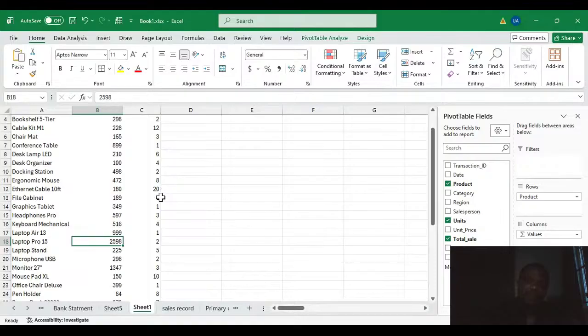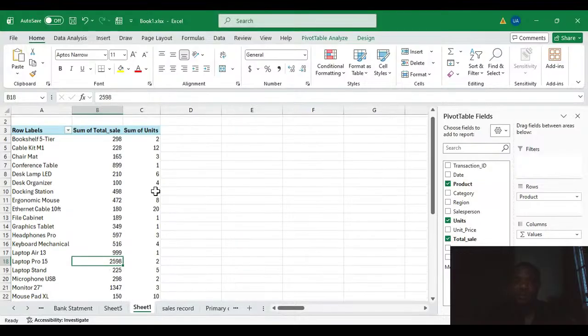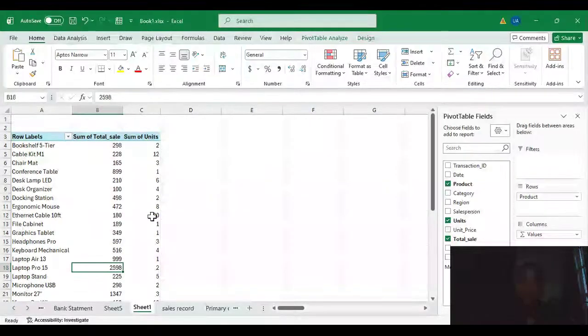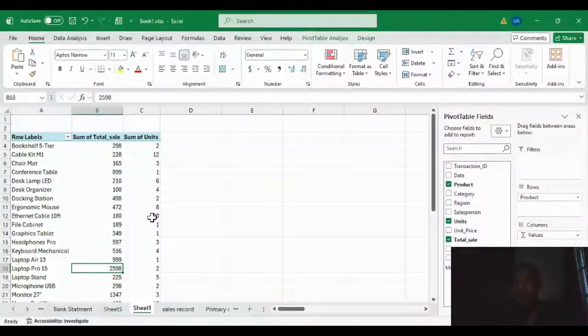It has over 20 units of items sold. It doesn't have the highest price because the unit price is actually less, but it sells more. The Ethernet cable sells more than other items. So you can now use this to actually look at your items.